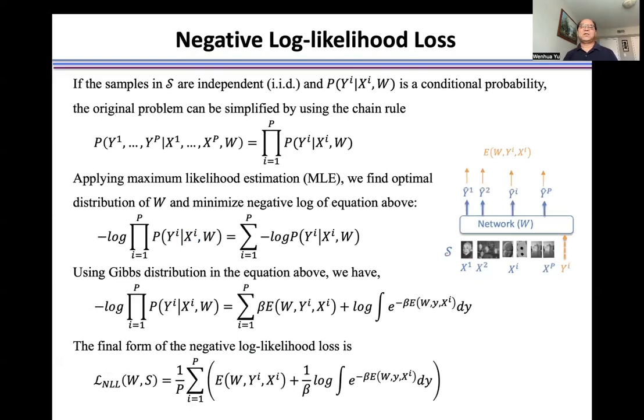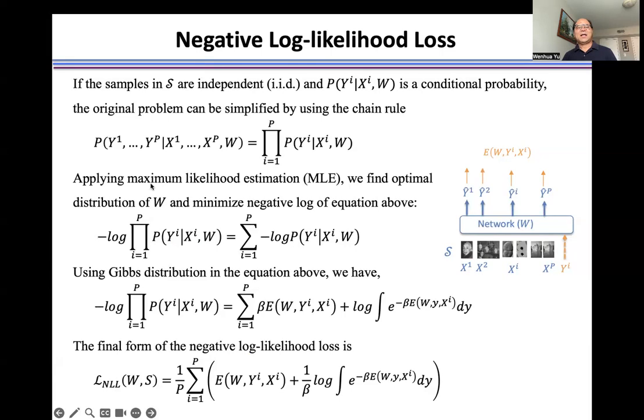For the examples in the training data set, they are independent, that means i.i.d., and this conditional probability is expressed in this way. Then the original problem can be simplified using the chain rule. Because they are i.i.d., we can express this as the multiplication of each conditional probability.